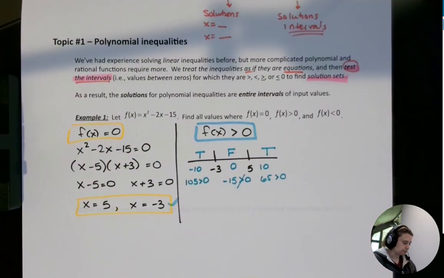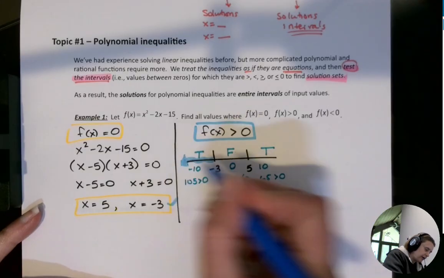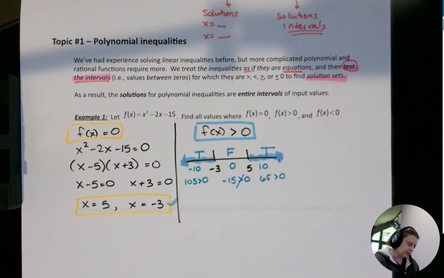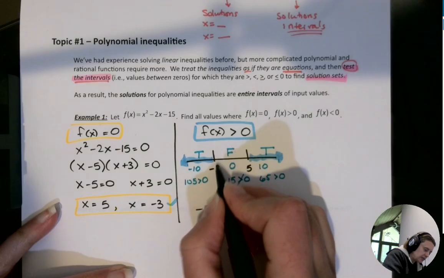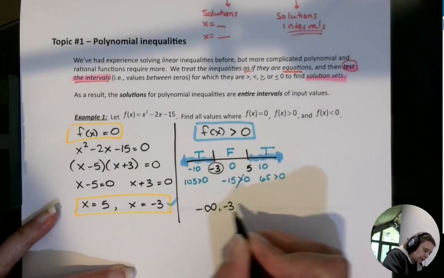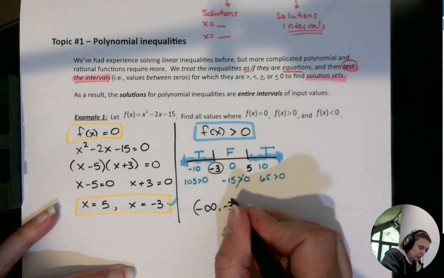Okay. All right. So my solution here is going to be the interval of values where this is true. And so I've got everything from negative infinity up until this value here of negative 3. And there's no equal bar on this inequality, so we're going to make sure that we put a parenthesis.